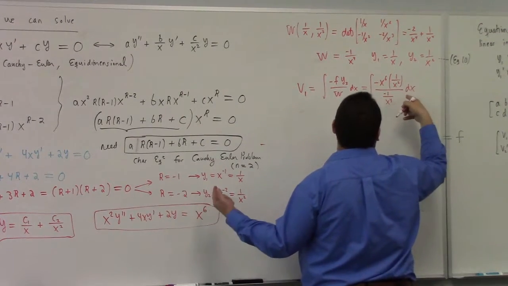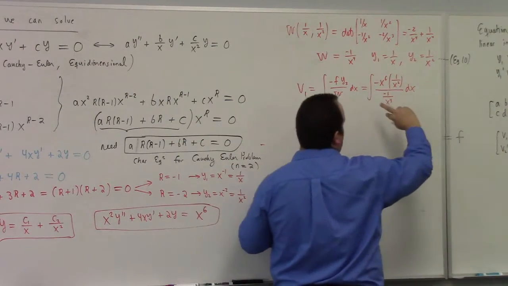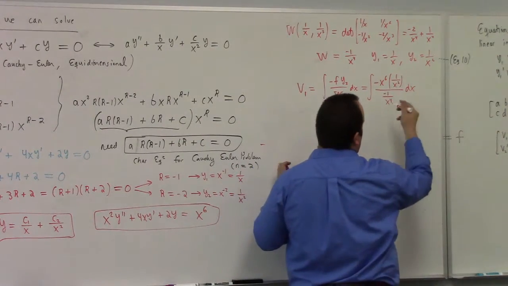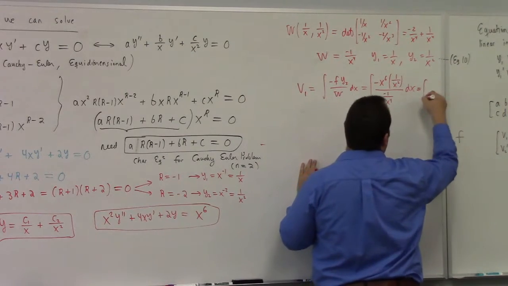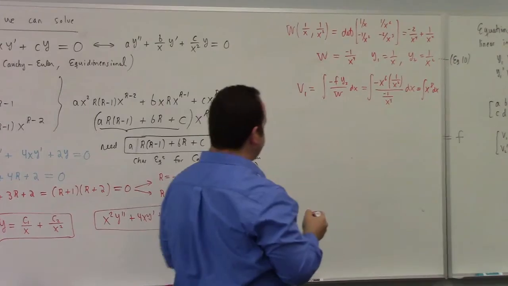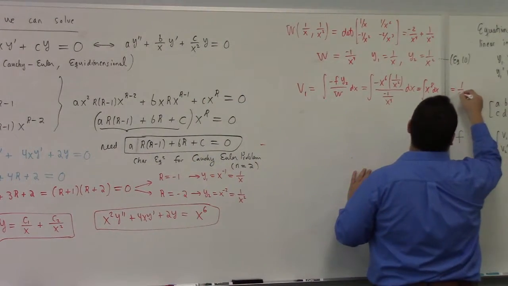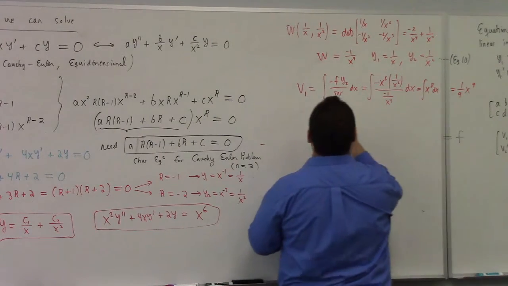Can we do this integral? Indeed, I think we can. That is the integral of x to the 8th. Is that right? Yeah. So this is 1/9 x to the 9th.